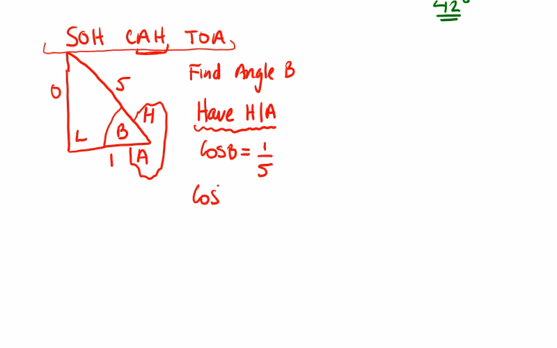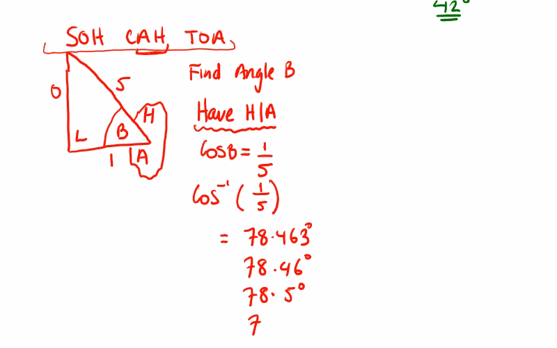And if we type into our calculator the inverse cos, you could write 0.2 if you wanted, or 1 over 5. And the inverse cos of 1 over 5 is 78.463 degrees, or 78.46 degrees to 2 decimals, or 78.5 to 1 decimal, which would get it up to 79, even though it's below 0.5 here because of the 6, moving the 4 up to a 5.